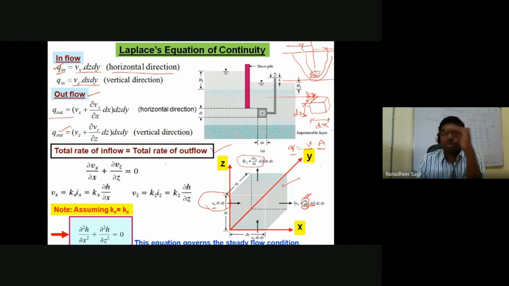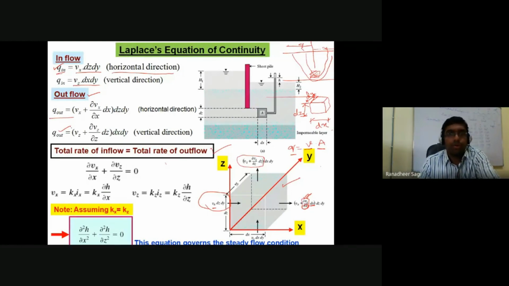So what is the total rate of inflow? It is the rate of inflow into the soil element in both the x direction plus the z direction. This should be equated to the total rate of outflow happening in both the x direction as well as the z direction.